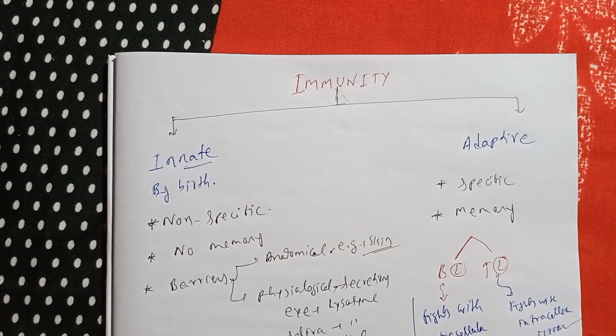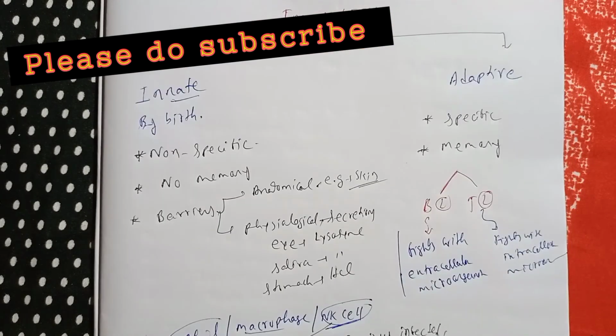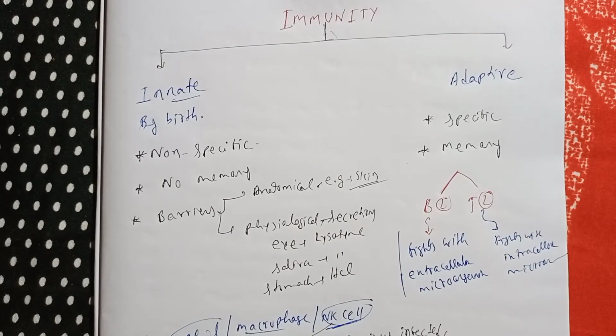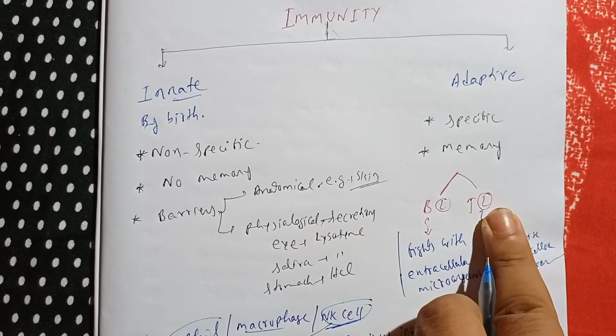Now the B cell is related with the tissue fluid. That's why it's also known as humoral. And this is cell mediated. That's why it's also known as cellular.